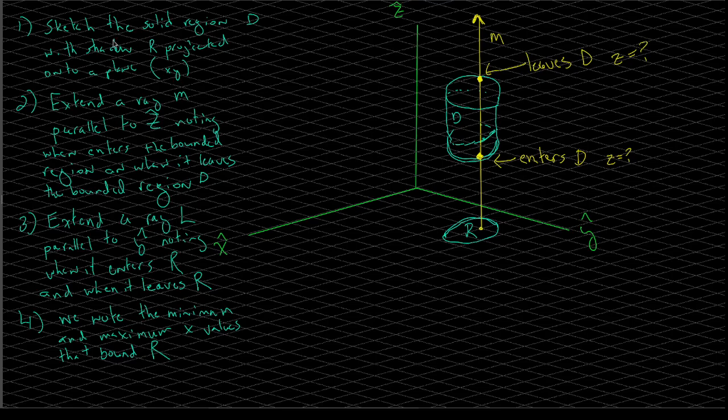And then we're also going to look at some ray L. And we're going to note what Y is when it enters R. What is Y? And when it leaves R, what is Y?